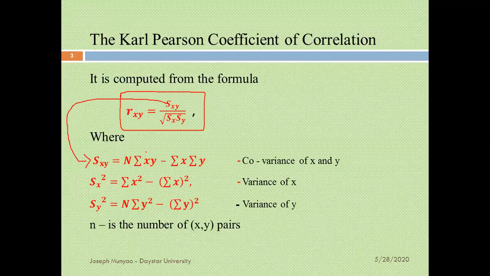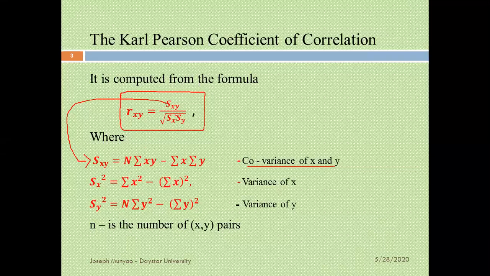That is, we will sum the product of x and y, and then subtract the product of the individual sums of x and y. And that one we call the covariance of x and y. Then we shall divide the covariance by the standard deviation of x and the standard deviation of y.